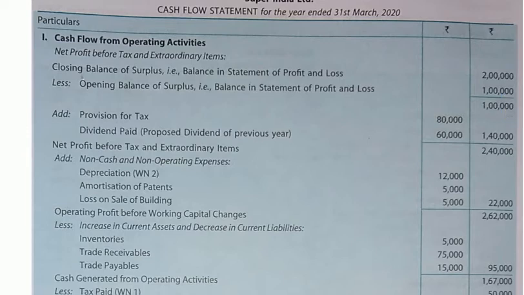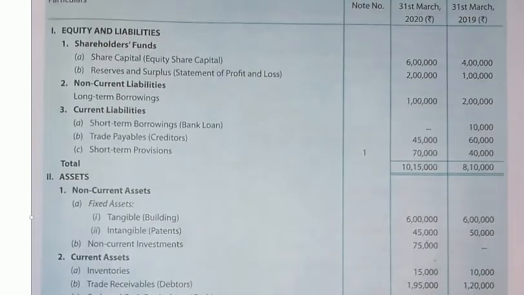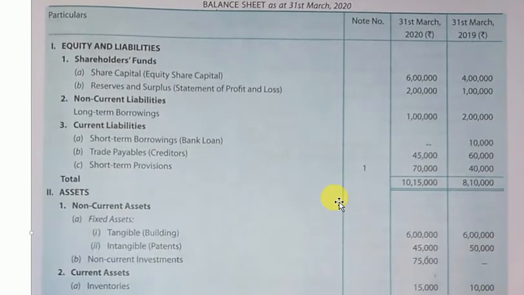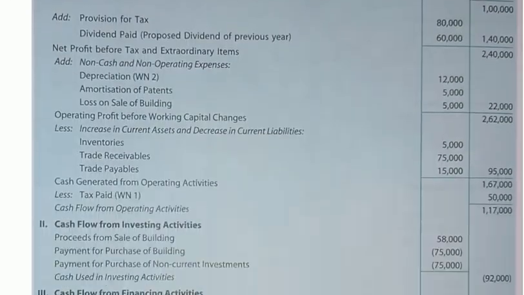Hope this is understood. Now, the shareholders funds part is over. Point number 2, non-current liability, long-term borrowings. The previous year long-term borrowings is 2 lakh, current year it is 1 lakh. The decrease of long-term borrowings is because of repayment, and we know that long-term borrowings is a part of financing activity.